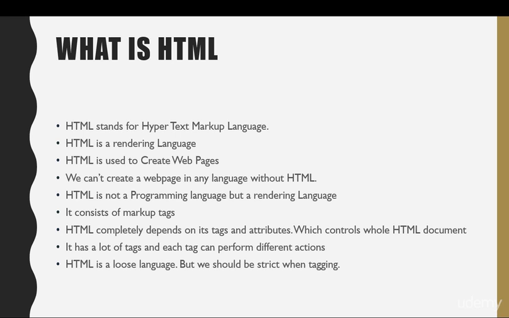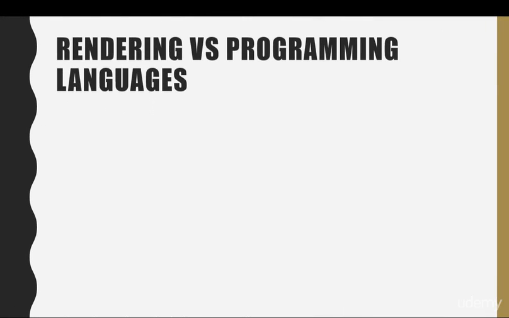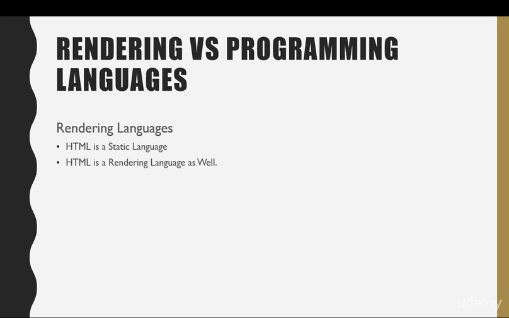However, it's not strict. By the way, something more I want to make clear: what's the difference between the rendering and the programming language? The rendering language is the first and the only language, HTML, and it's a static language. Any kind of rendering language is a static language. HTML cannot perform any mathematical function.